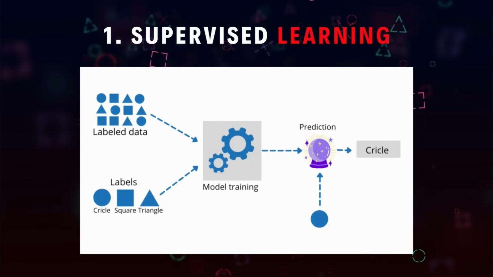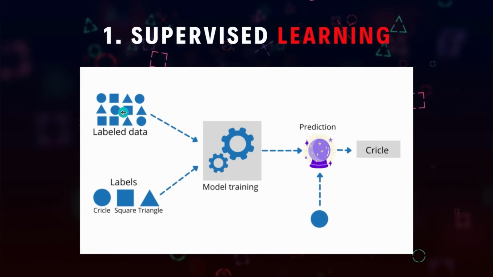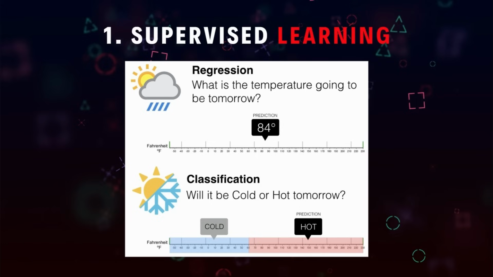Talking about supervised learning, here we have the data and labels also. This is the output. The data which you have is called features. For example, what is the diameter, what is the shape, what is the sharp edge. These details are called features, and the label, which is circle or square or triangle, is the target. For a regression dataset, for example, if you want to predict the temperature tomorrow, you will have the past 100 days' temperature list.